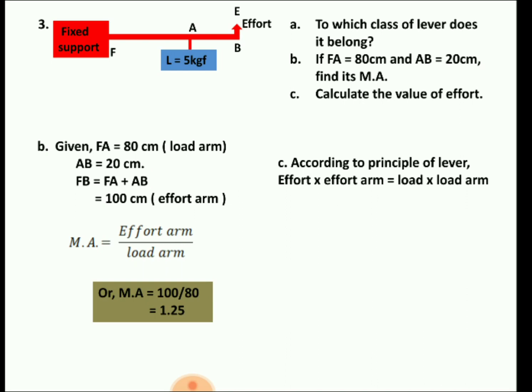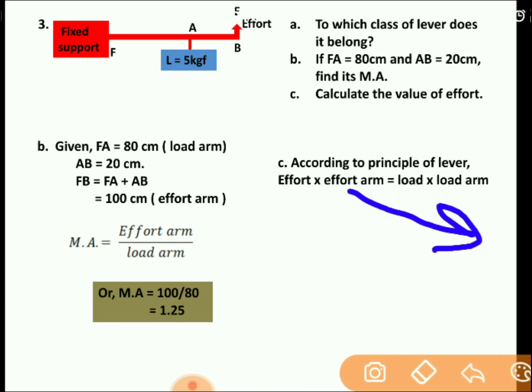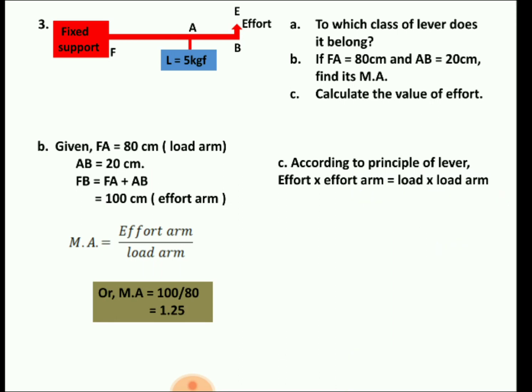According to the principle of lever, effort into effort arm equals load into load arm. I want effort, so I'll keep effort in one place and take the effort arm to the denominator on the other side. Cross multiplication. Therefore effort equals load into load arm by effort arm. So put the value, get the result.